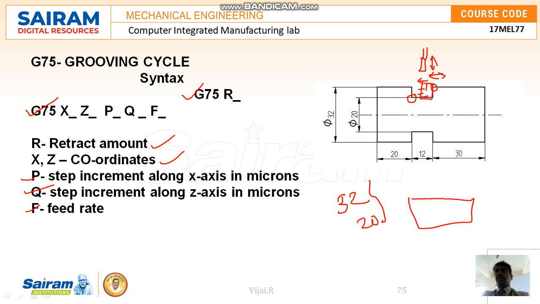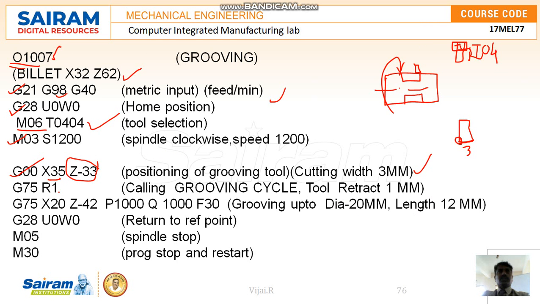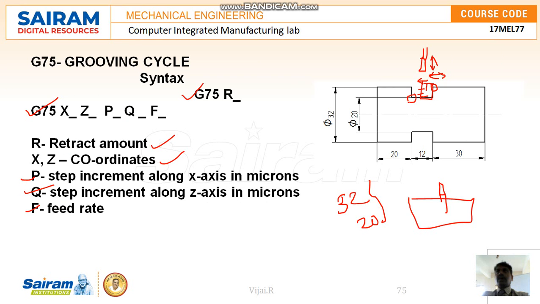So we have made it Z minus 33, and this is the grooving cycle with the retraction amount, and up to what position it has to move. That is X20, the diameter, and 42. See here, this is the value where the tool will exactly lie. At the end, the diameter is 20 and the distance is 42.